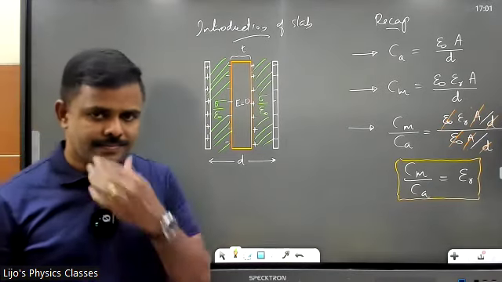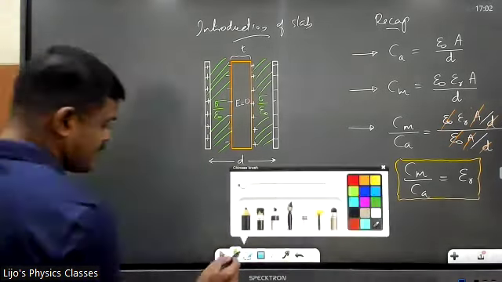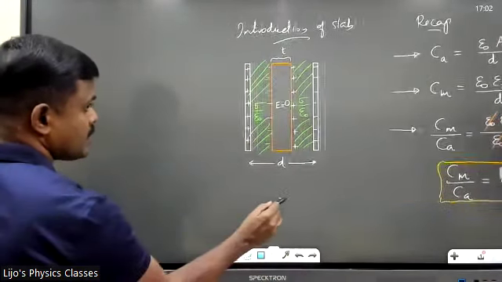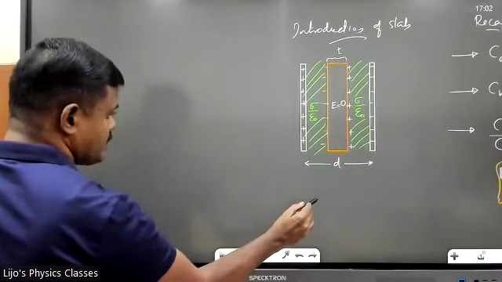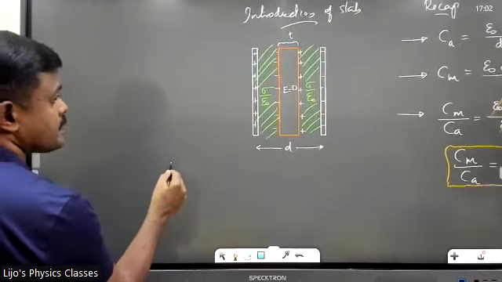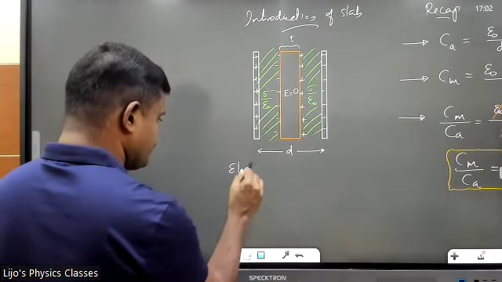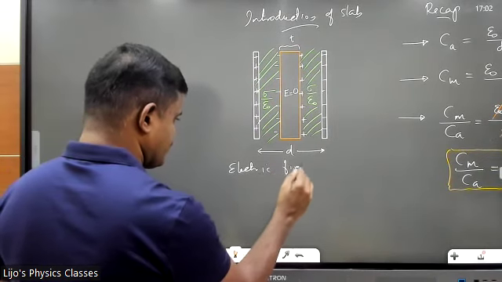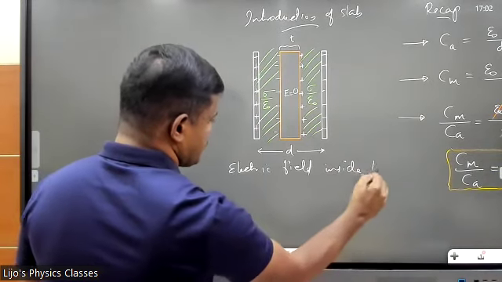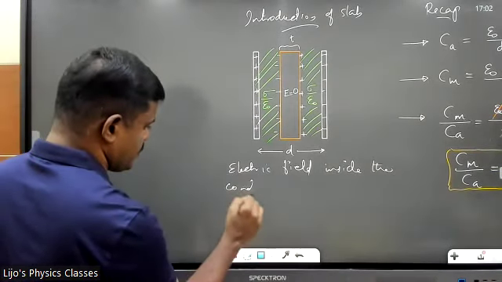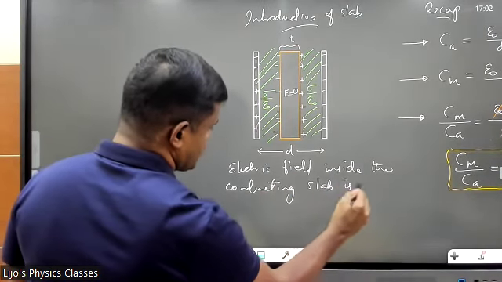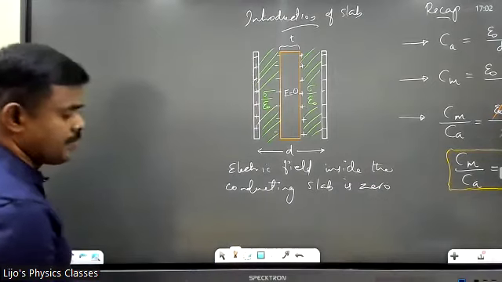Underneath, you can write: electric field inside the conducting slab is 0.